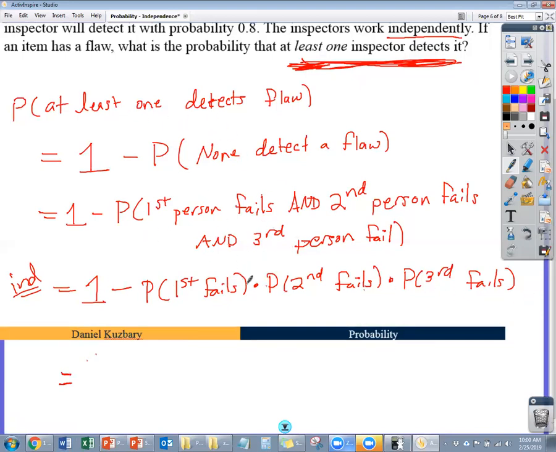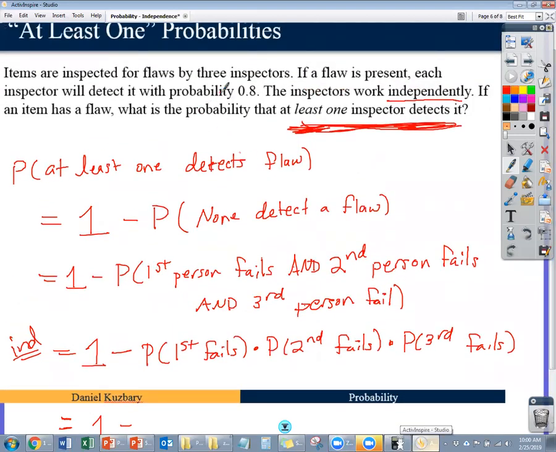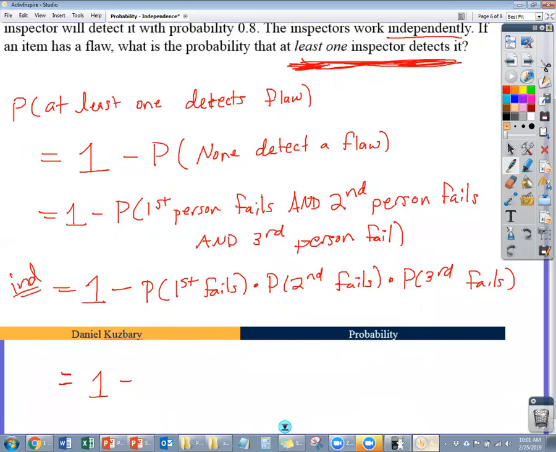Now that I'm here, I can start putting numbers on here. The probability that the first person fails to detect it is going to be, well, hold on. It says that they're going to detect it with chance 0.8, which means they're going to fail to detect it with chance 0.2. So this is the chance they fail. The chance they succeed is 0.8. The chance they fail is 0.2. The chance that the second person fails is also 0.2.